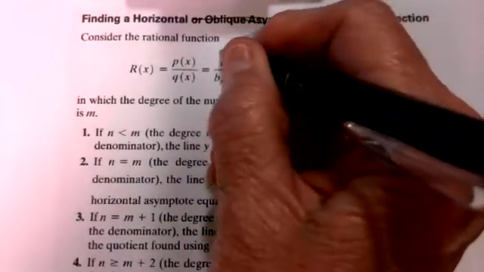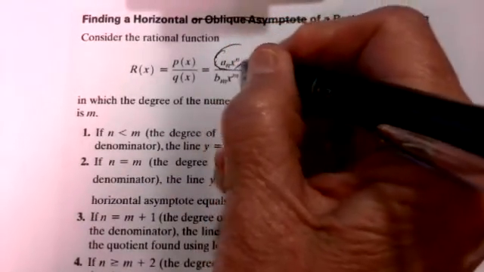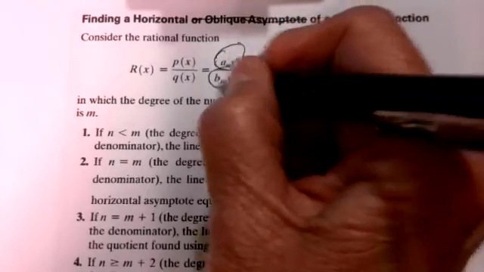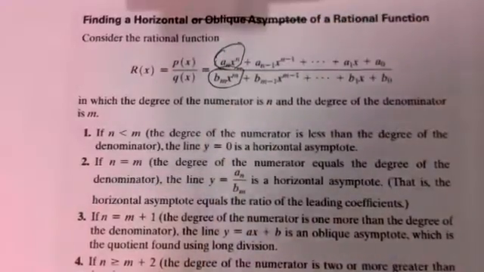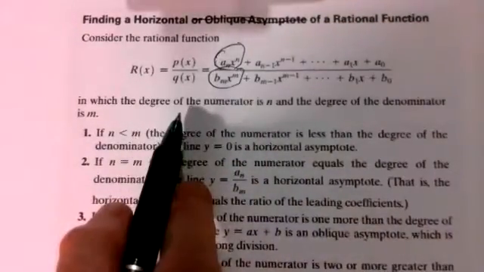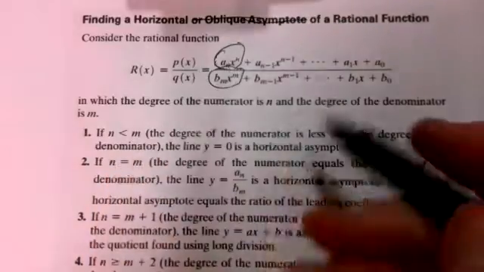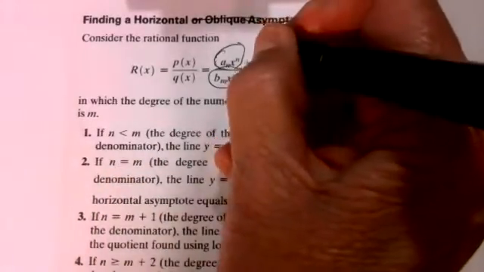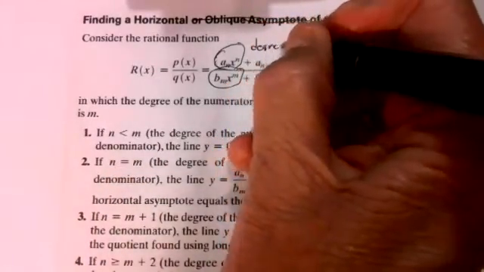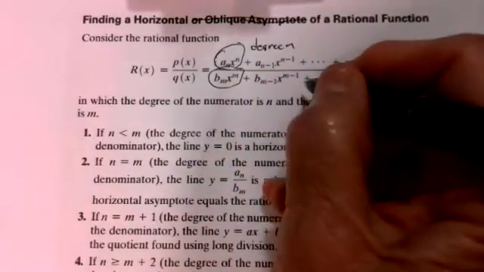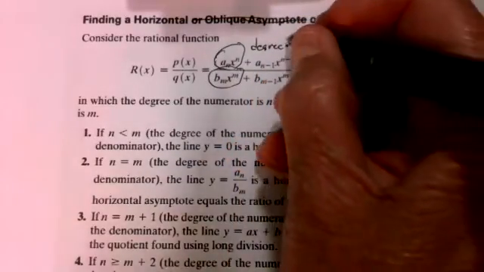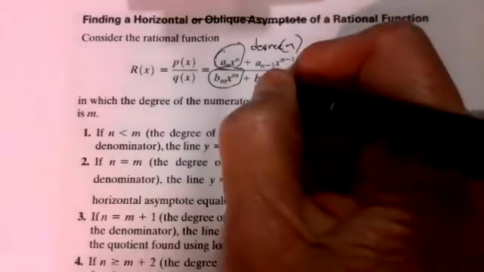All we really need to look at are these two first terms, the leading terms, in the numerator and the denominator, so it has to be in the right order. We're going to call the degree of the numerator n, and the degree of the denominator m.